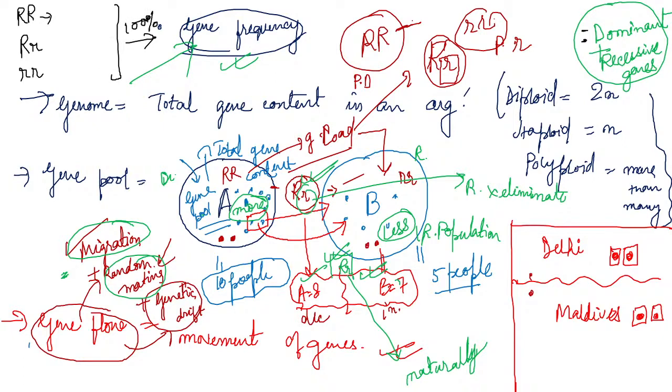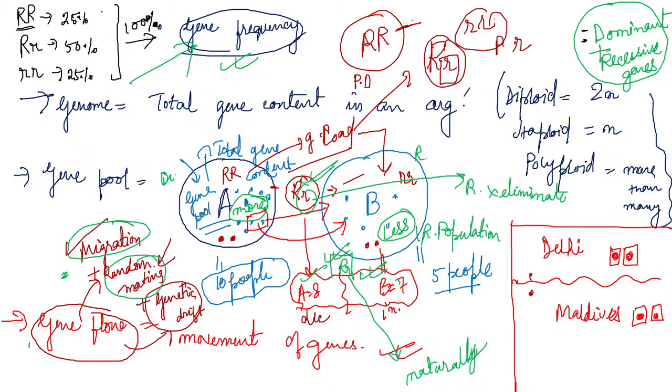We may say the dominant is 25%, this one is 50%, and this one is again 25%.